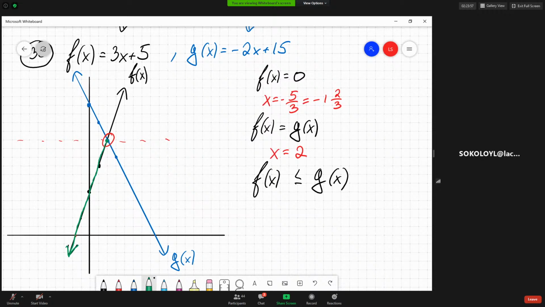We would have to describe that in interval notation for the x values. This occurs between -infinity and 2. F is less than g, so this is f. So -infinity up till 2. And hopefully that's what we got in our algebraic approach as well.